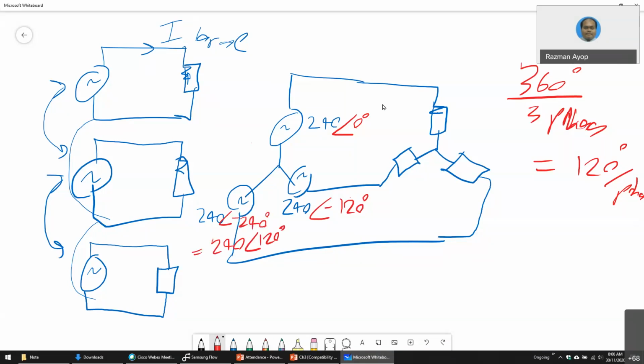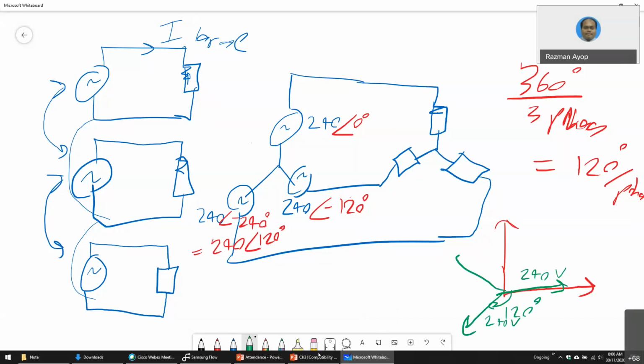So basically this one is just 240 angle 120 positive. If you draw this on the plane, something like this: one is here, this one is 240 volts at 0 degrees, and one is here, which is at 120 degrees. This one is also 240 volts.